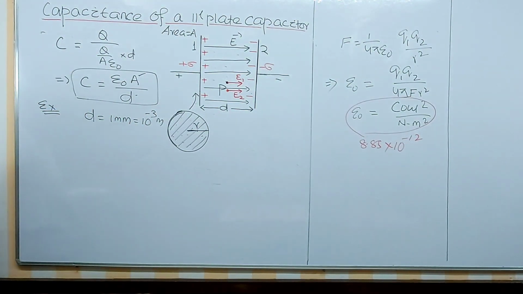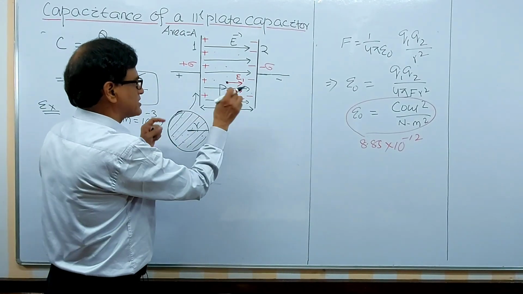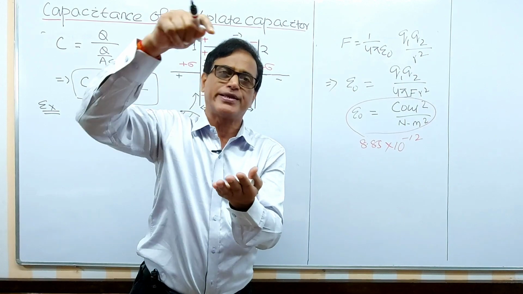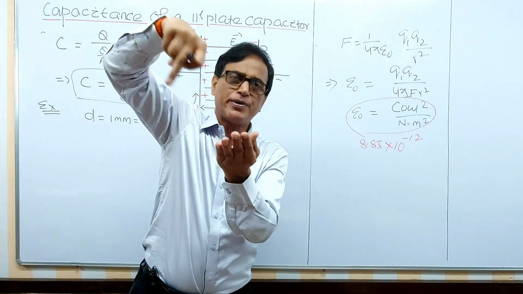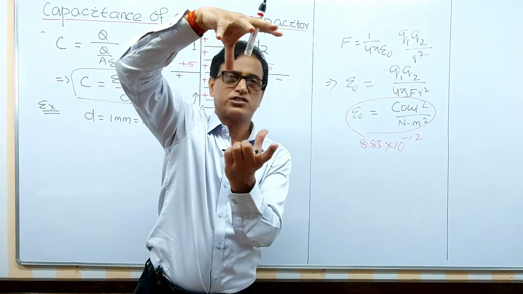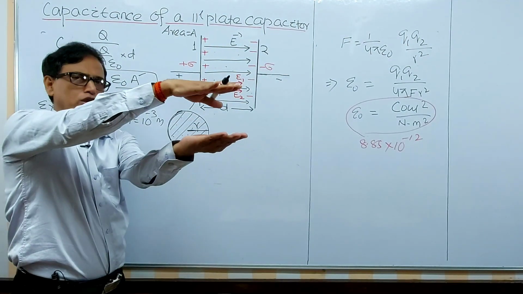Now the question is, the capacitor has two parallel plates in the form of a disc, just like a CD, compact disc, or DVD players. We can say two circular discs.